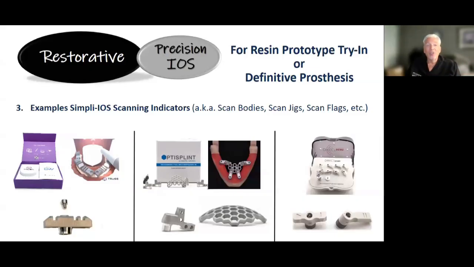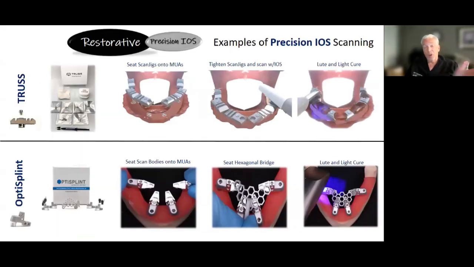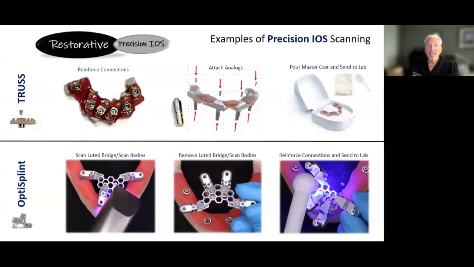Now you're going to go back to the same system that you used the day of surgery, and you're going to do pretty much the same thing that you did, except now the tissue's healed. You're just going to repeat that process, and there's really not too much difference.